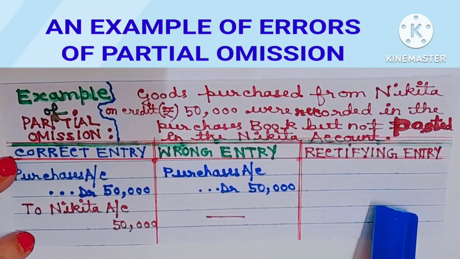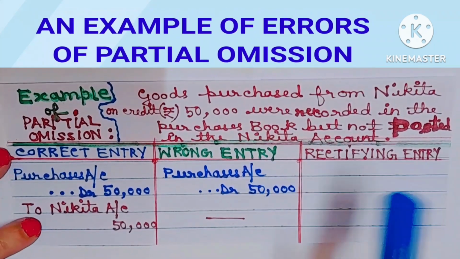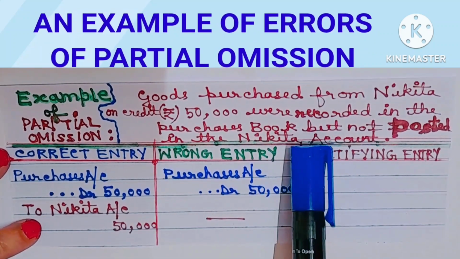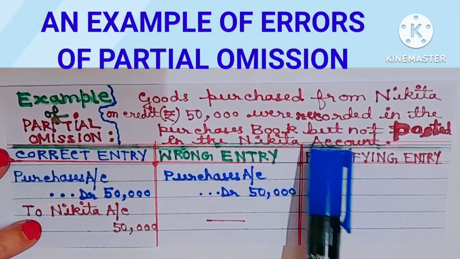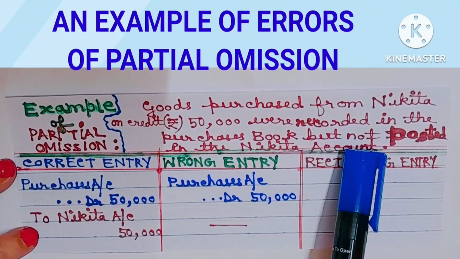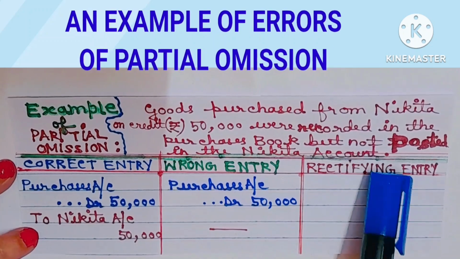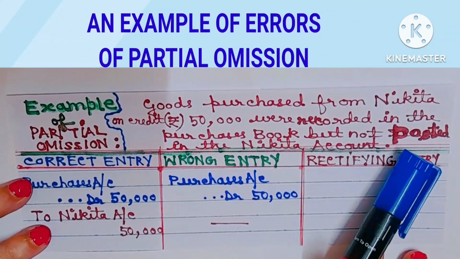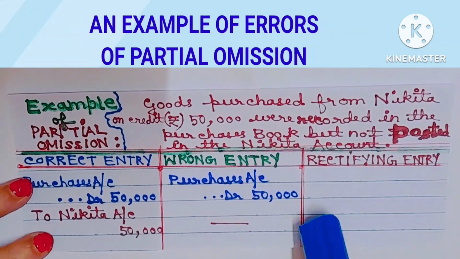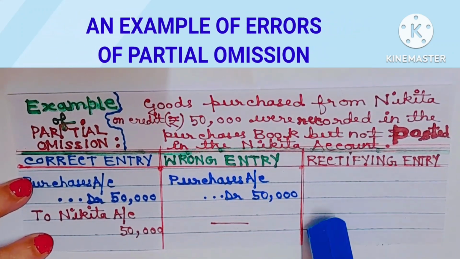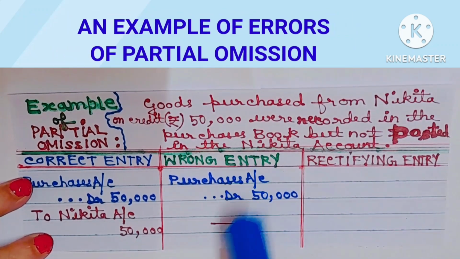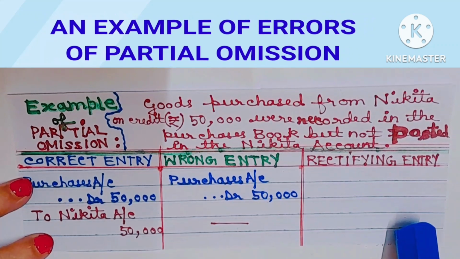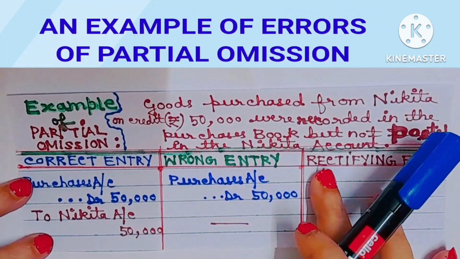No, we can't. Why can't we write it? Because this is a one-sided entry and this is the first stage, rectification of errors before preparation of trial balance. So how will we get the suspense account? In the first stage, there is no suspense account. Understood? So even if we write to Nikita account on the credit side, since nothing has been posted on the credit side in the wrong entry, we can easily write to Nikita account rupees 50,000. That is correct. But who will we write on the debit side?